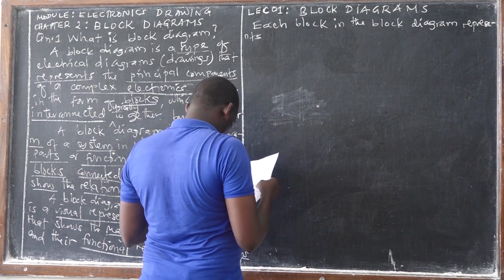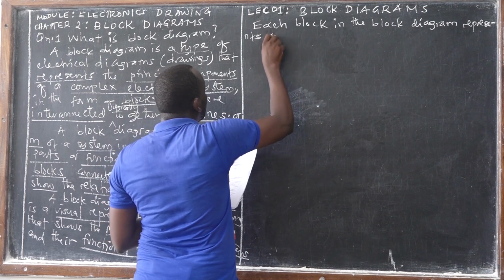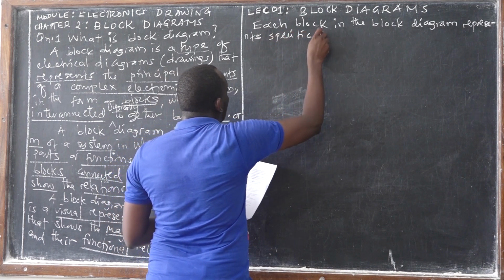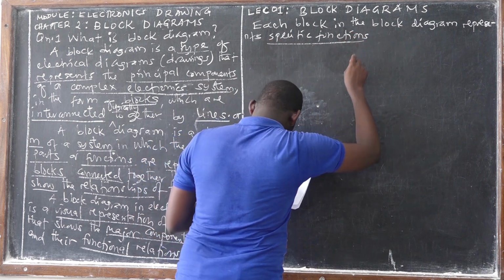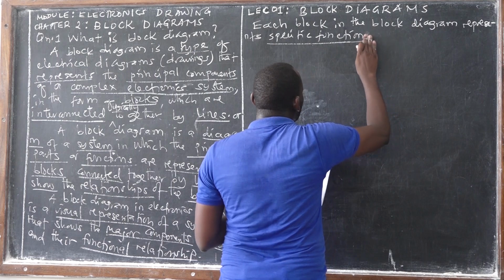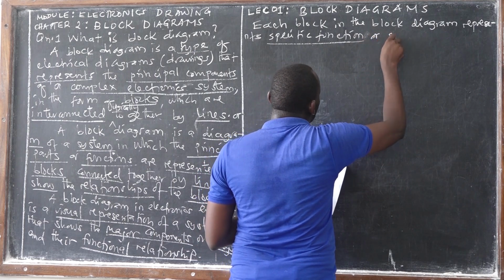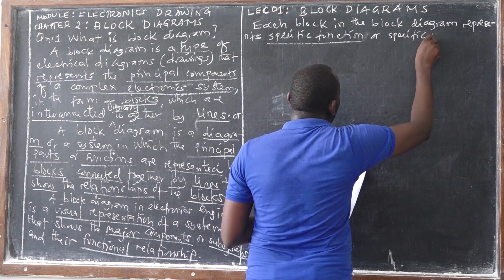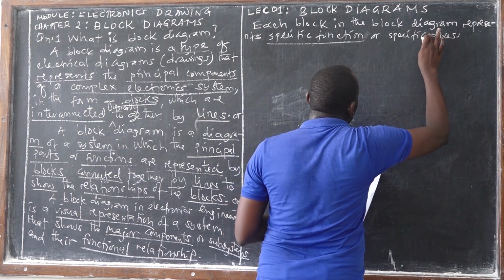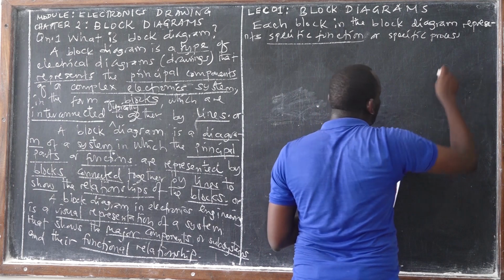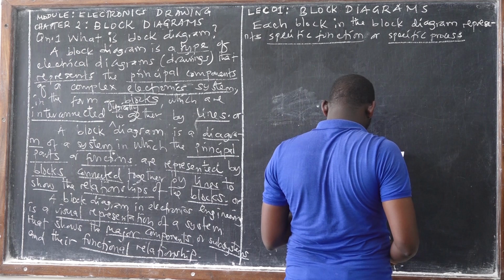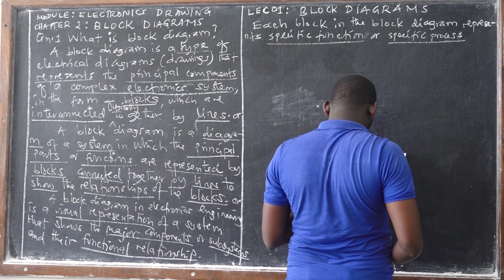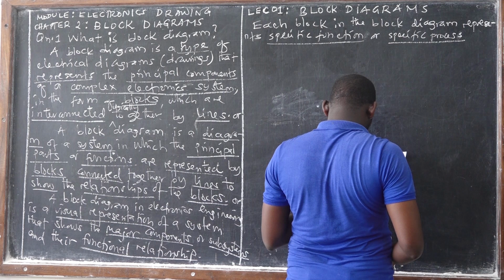A block diagram is a diagram of a system in which all functions are represented by blocks connected together by lines to show the relationship of the blocks. Or a block diagram in electronics engineering is a visual representation of a system that shows the major components or subsystems and their functional relationship.